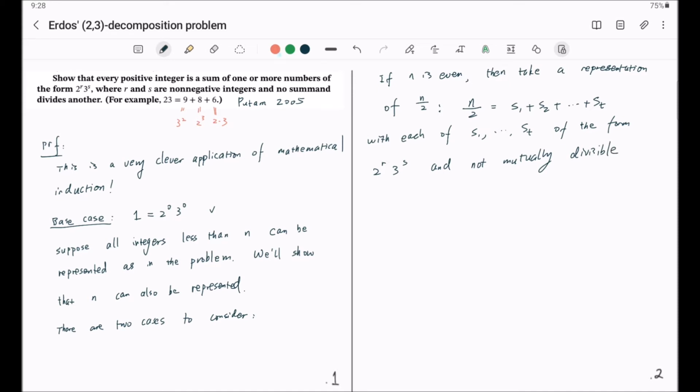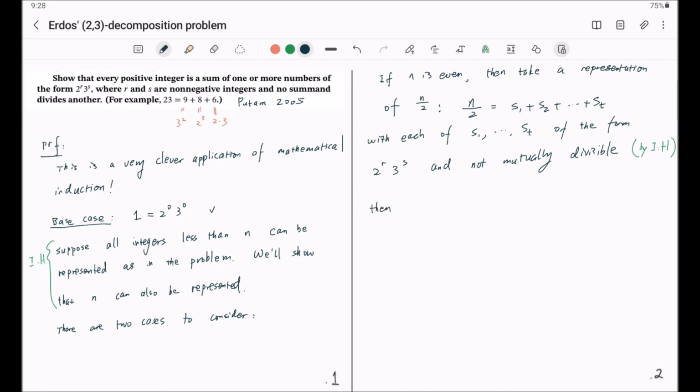So this is essentially the induction hypothesis, and we are using it here for n divided by 2, because n divided by 2 is less than n, so we can use it.